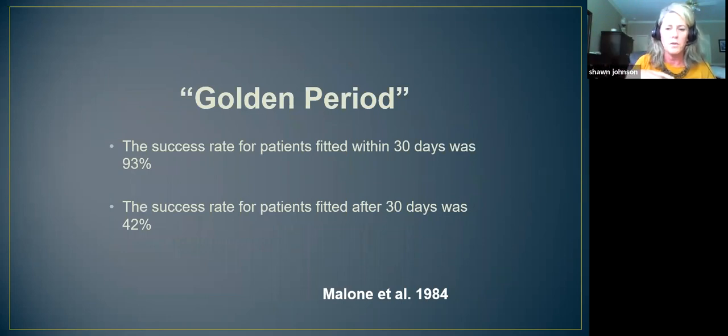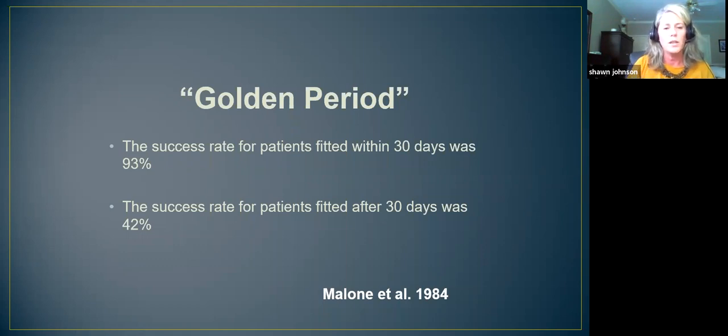So during this piece, here's some interesting parts to it. I'll show some pictures in a second of the pre-prosthetic phase, but I first want to mention the golden period, which we've all heard of, that study. And if you haven't, it's from 1984 and people are still referencing it these days, including myself. The success rate for patients who are fit with a prosthesis within 30 days was 93%.